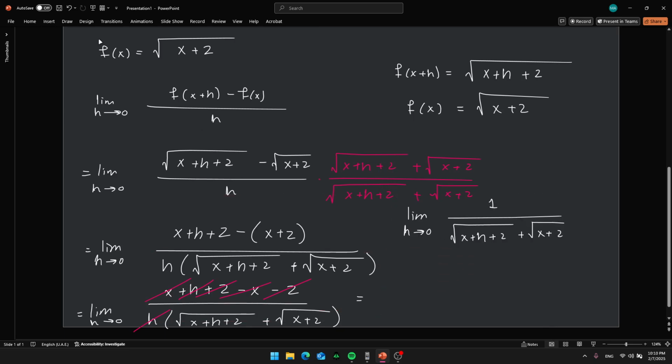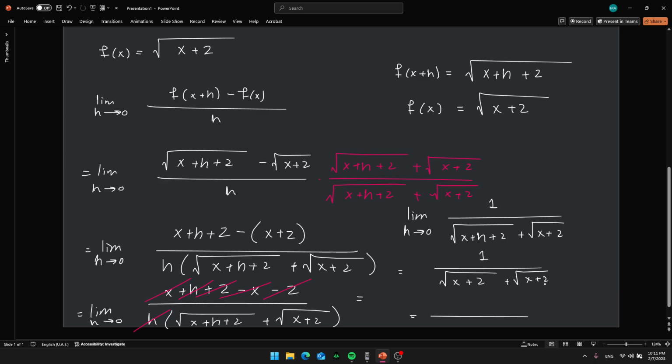Okay. Now, go ahead and substitute the 0 instead of h. So 1 over radical x plus 2, because h is 0, x plus 0 plus 2 is x plus 2, plus radical x plus 2. Now I have two radicals of the same kind.